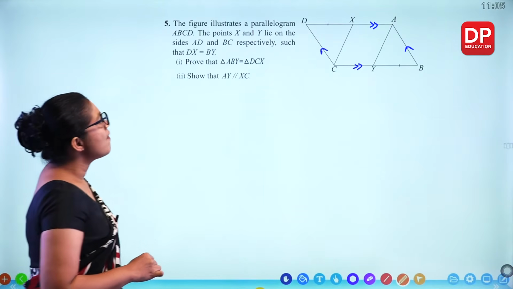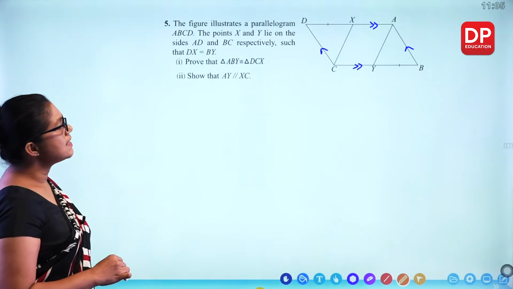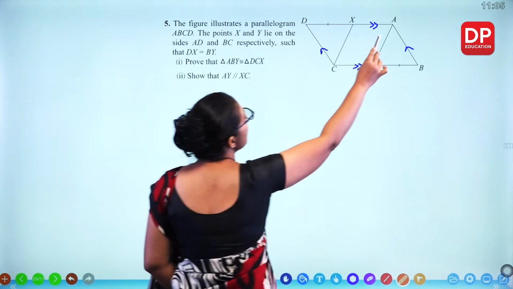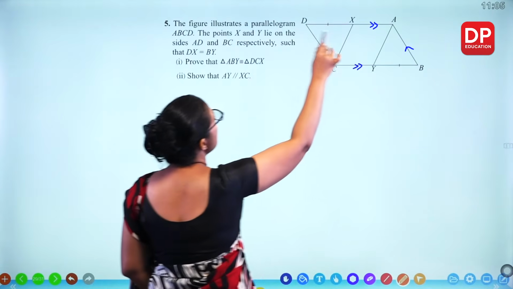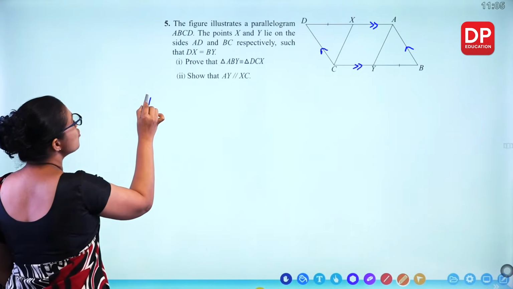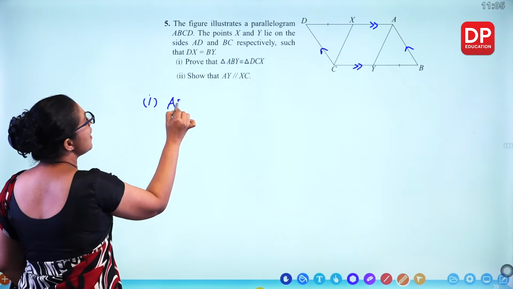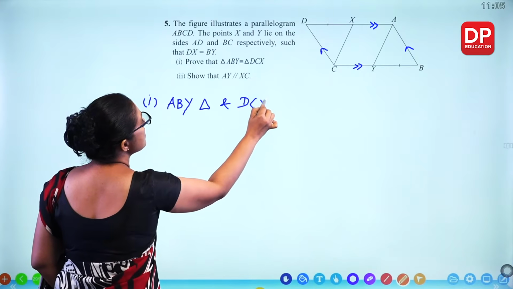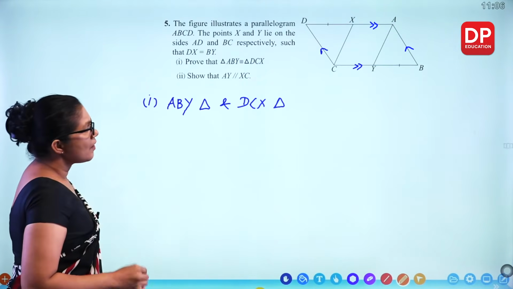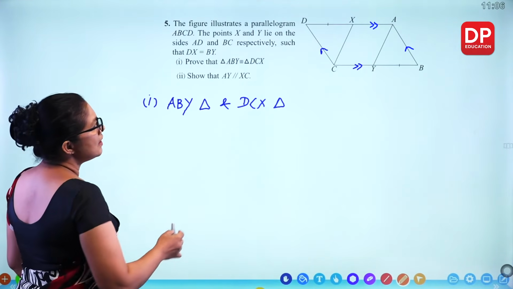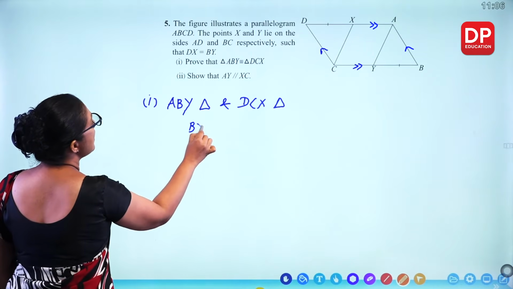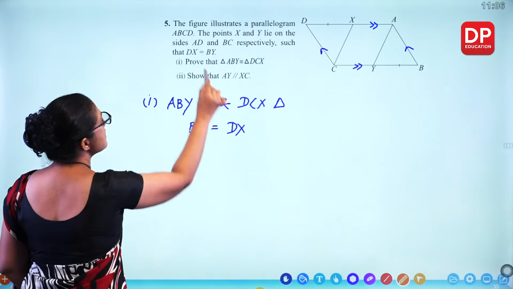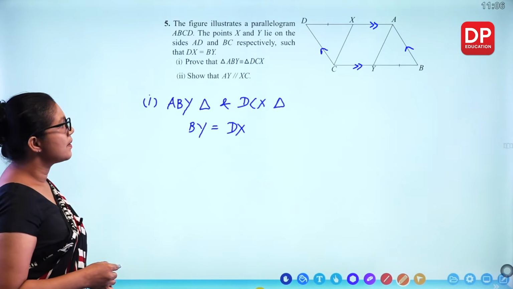Prove that ABY triangle is congruent to DCX. ABY. This triangle is congruent to DXC triangle. So we'll take those two, ABY triangle and DCX triangle. We know that YB or BY is equal to DX. That's given in the question.